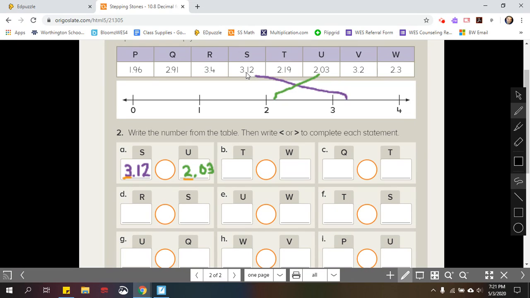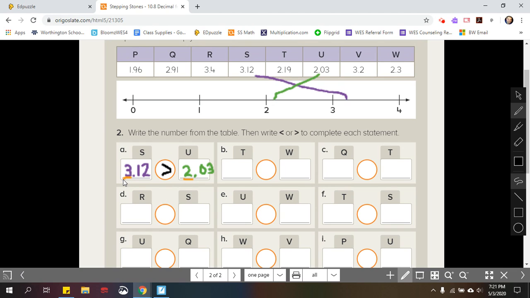I know that 3 and 12 hundredths is going to be a little bit past 3 wholes. And I know 2 and 3 hundredths is going to be a little bit past 2 wholes. Well, I know my purple line is going a lot farther than my green line, so that means 3 and 12 hundredths is more than 2 and 3 hundredths.